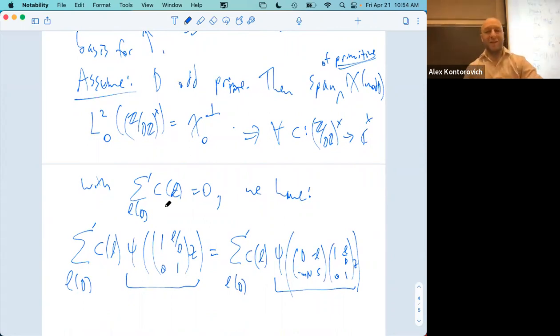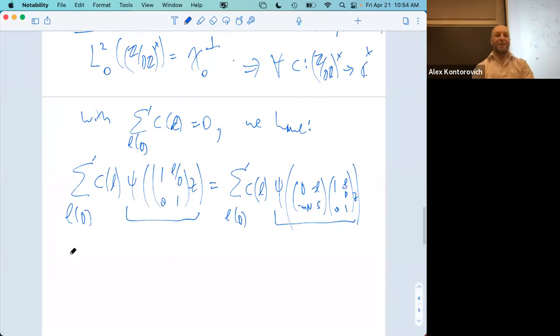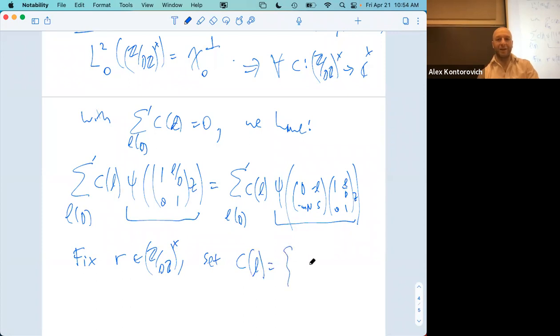Okay. So what can I do? Let's fix some R in (Z mod DZ)-cross, and set C of L to be 1 if L is equal to R, -1 if L is equal to minus R, and 0 otherwise.